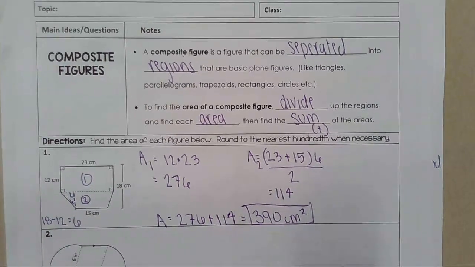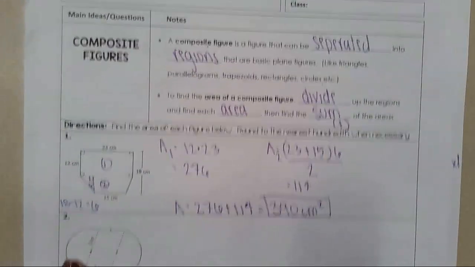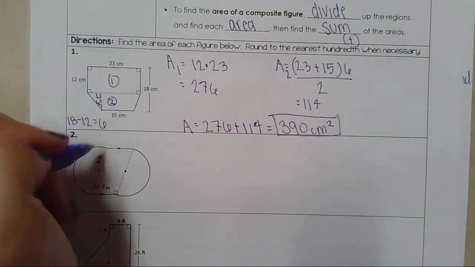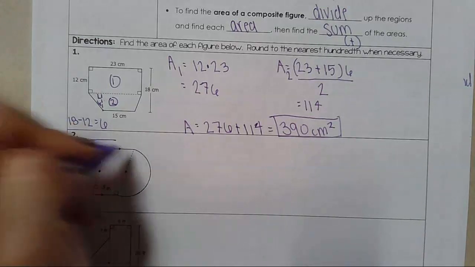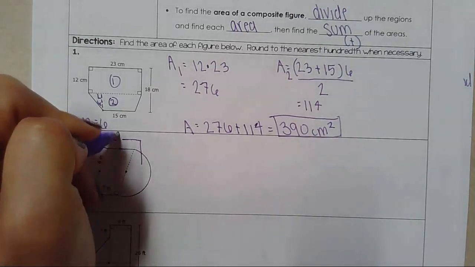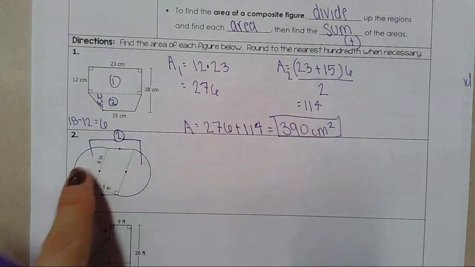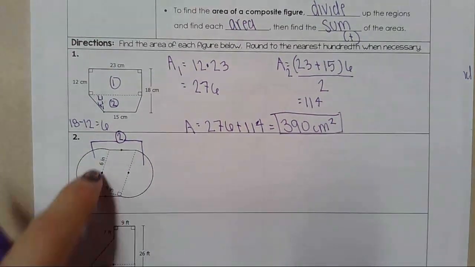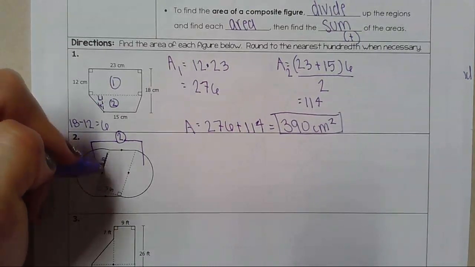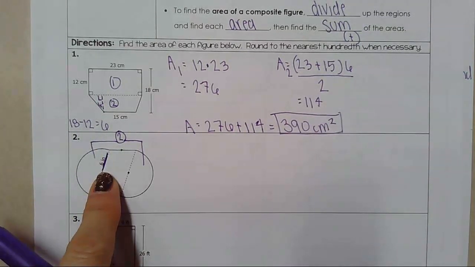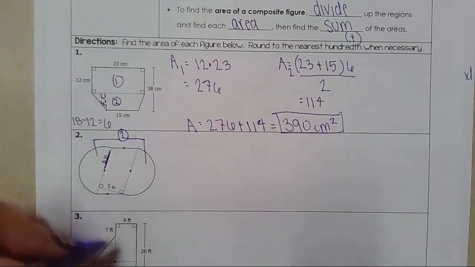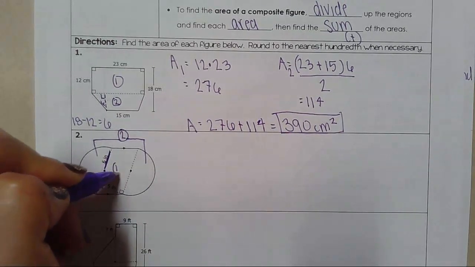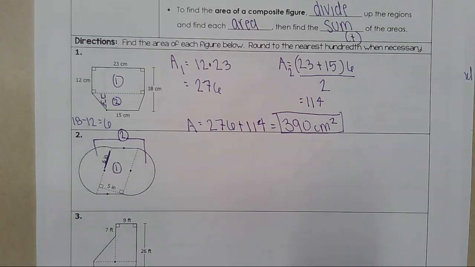Okay, this one right here is a little different. I'm going to go ahead and say these two combined are going to be my one circle, right? And I see that their radius is 6 inches. And then right here, that's going to be my parallelogram that I multiply.